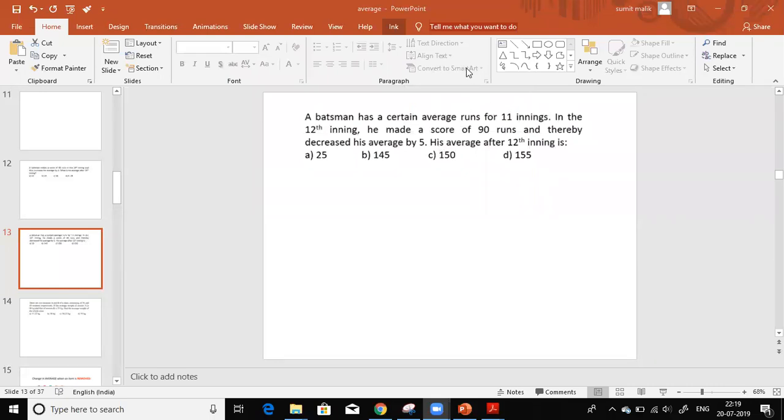Very good. Good job, Rakhi, very good. 145, very good. Read the question, very good. His average after 12 innings. Now you are getting it.